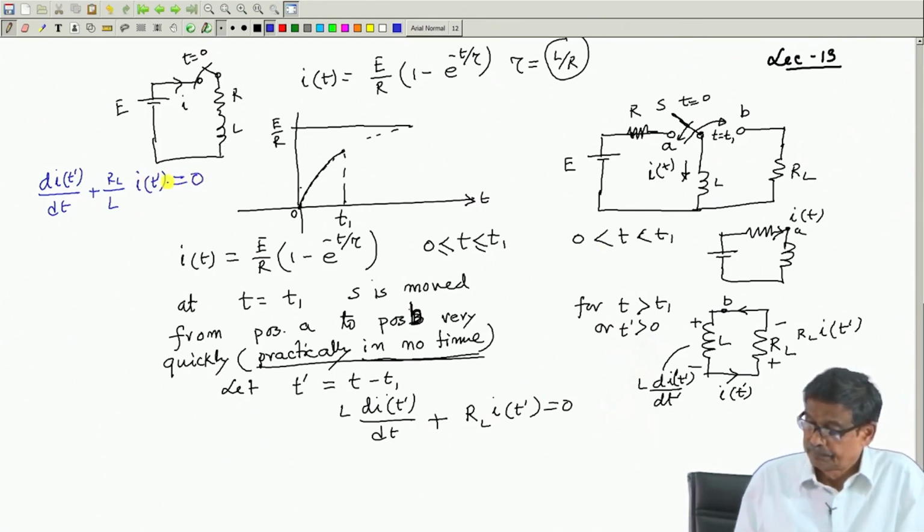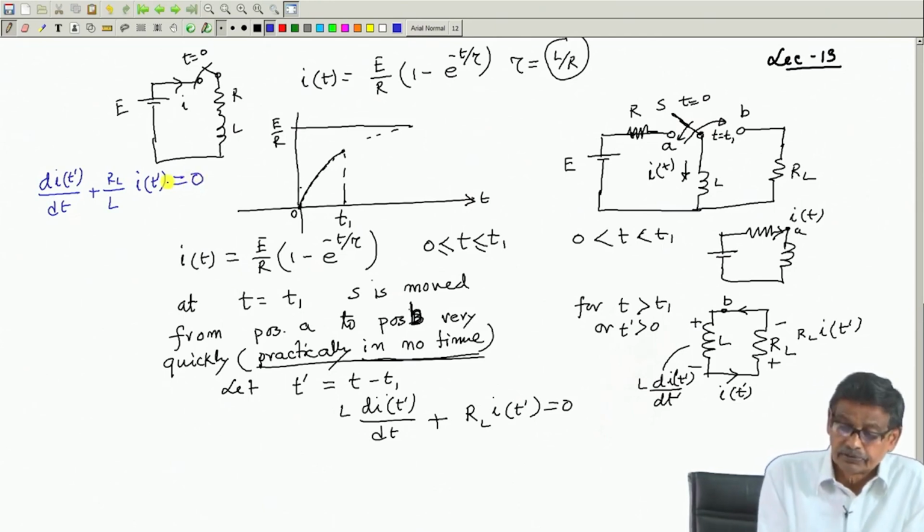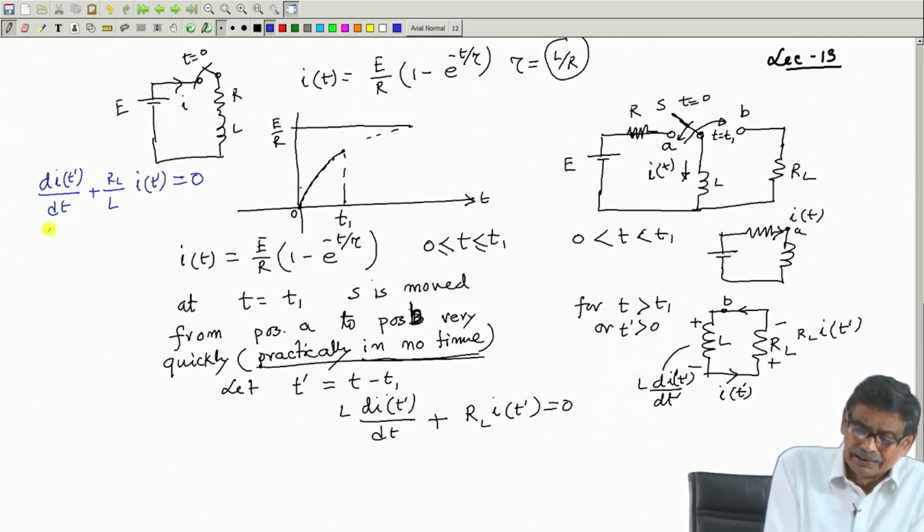This capital L in R L indicates load resistance, nothing else. Here, no external source exists. Once again I will do this very rapidly: multiply with the integrating factor e to the power R L by L t dashed. I am sorry, I forgot the t dashed, so d I d t dashed plus R L by L I is equal to 0.